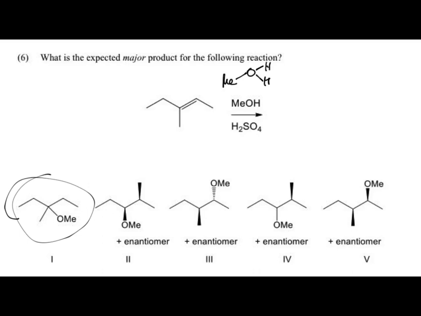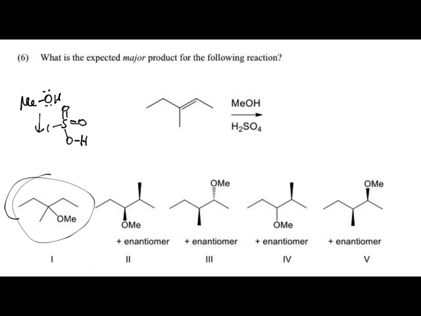That's what forms. So let's actually draw the whole thing, okay? The absolute whole thing, since we have the time. So you have methanol, which first gets protonated by H2SO4.